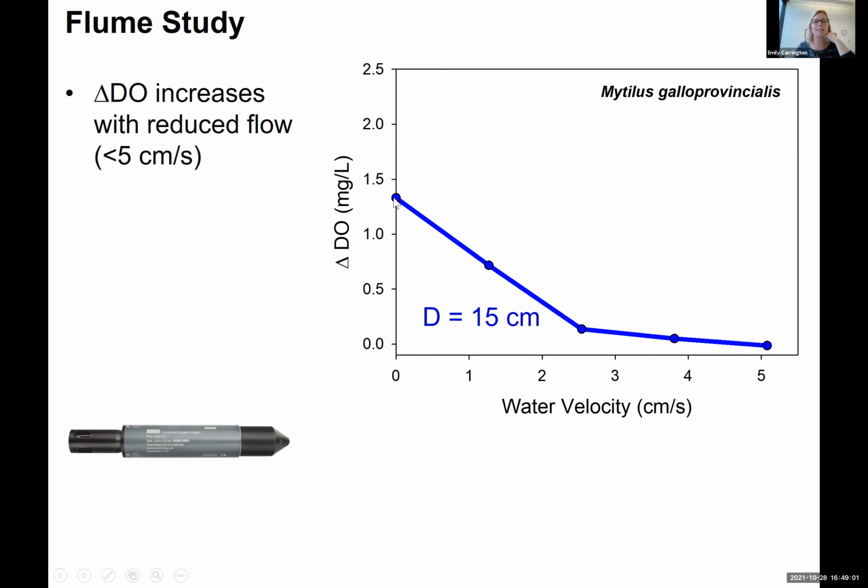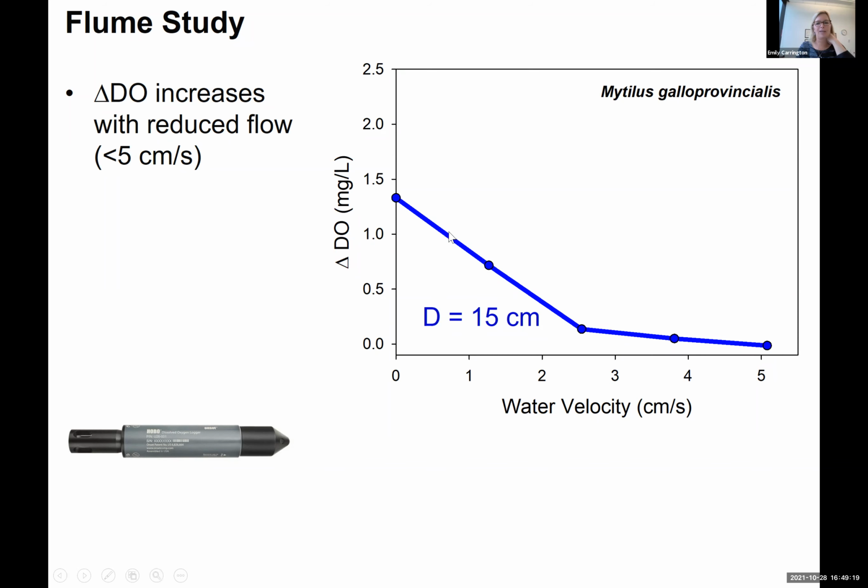We can see quite a big difference, particularly when we have low water velocity. If we speed it up, you get enough flushing that there's not a problem. So this is proof of concept that low flow causes reduced oxygen.